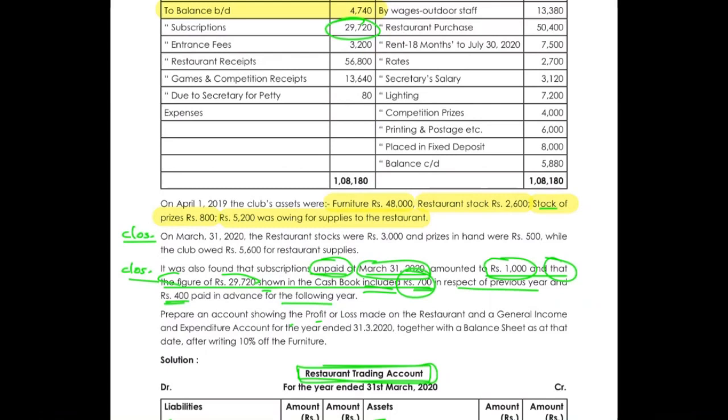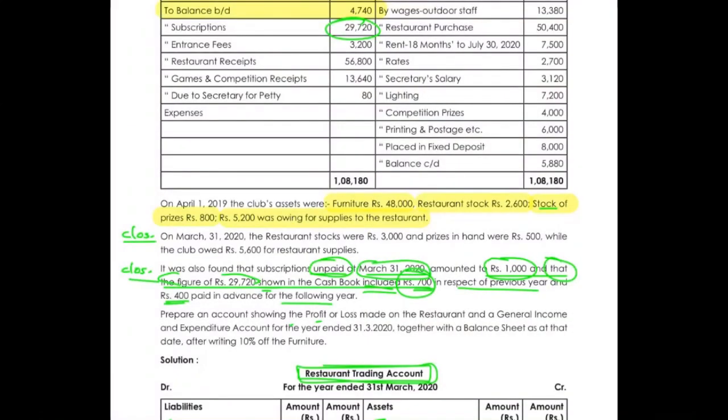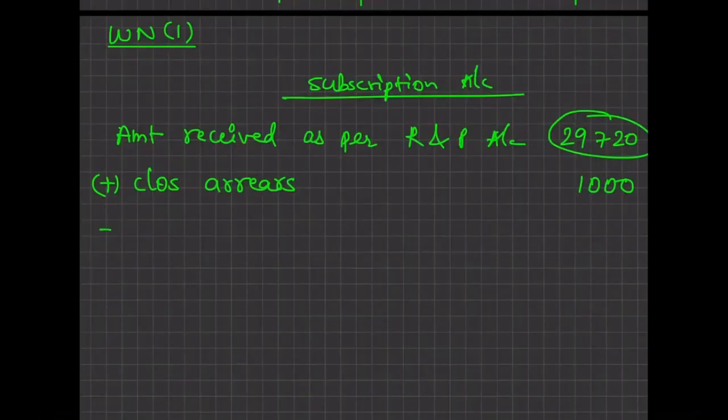Okay, so they are saying this 29,720 includes some of the subscription of 700, which was not with respect to the current year, but was in respect of the previous year. So I would say this is the figure of opening arrears which they have given.